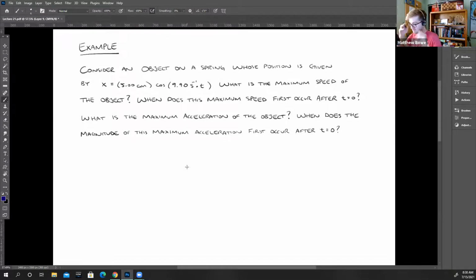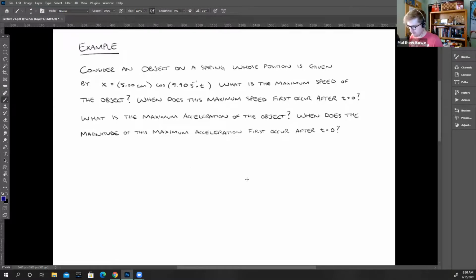What is the maximum speed of this object? Similar to our pencil on a spring example. When does this maximum speed first occur after t equals 0? What is the maximum acceleration? And when does this maximum acceleration occur?